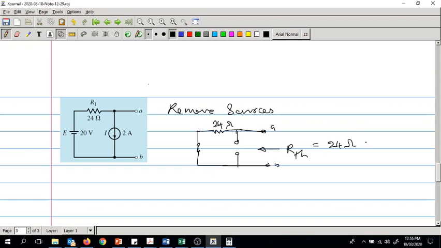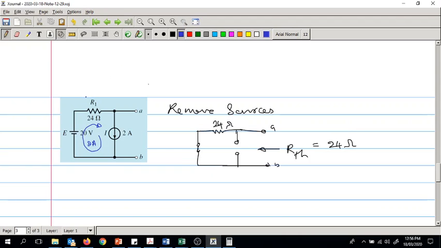Then what you need to do is to replace the sources again, that is you take this one, and then you try to find out the voltage across the two terminals A and B. So when you do that, we know that the current in this loop is 2 amperes because you have a current source here.